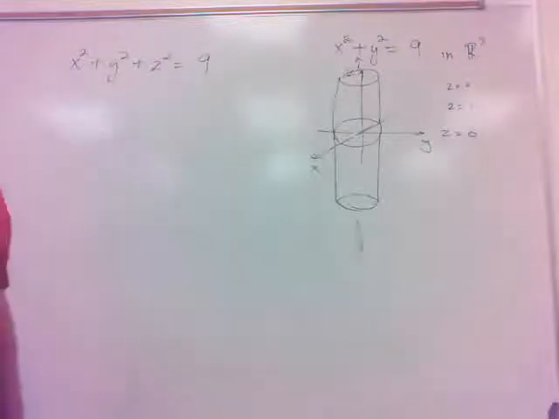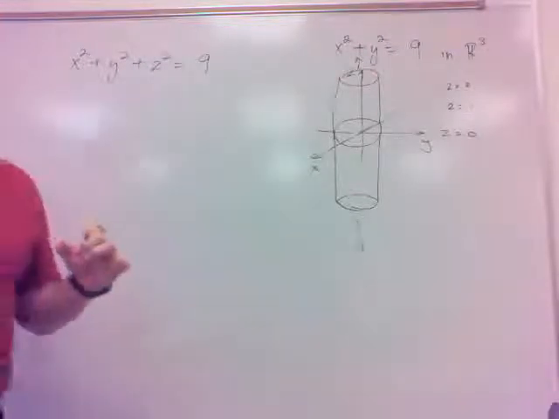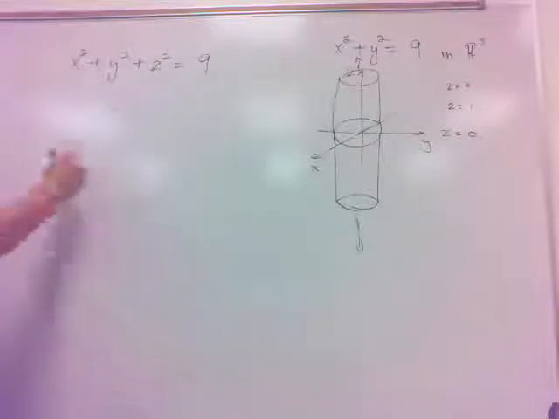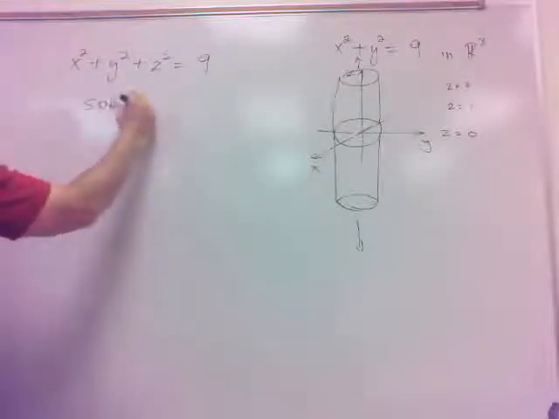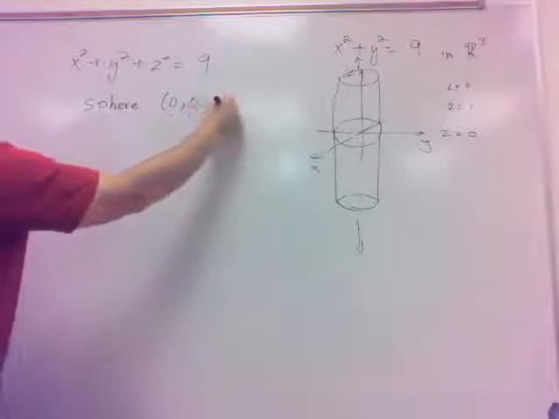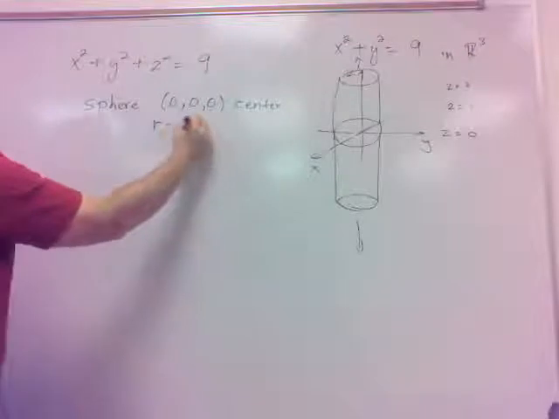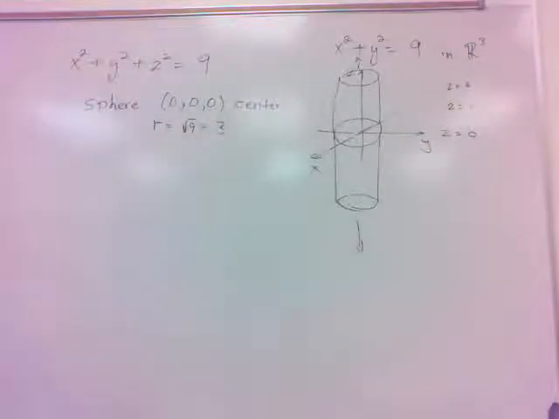What it amounts to, and we can go through the distance formula and that sort of thing to get this, is the 3-dimensional equivalent of a circle, which would be a sphere. That's going to be a sphere centered at 0, 0, 0. And the square root of that is the radius, similar to the circle in 2 dimensions.